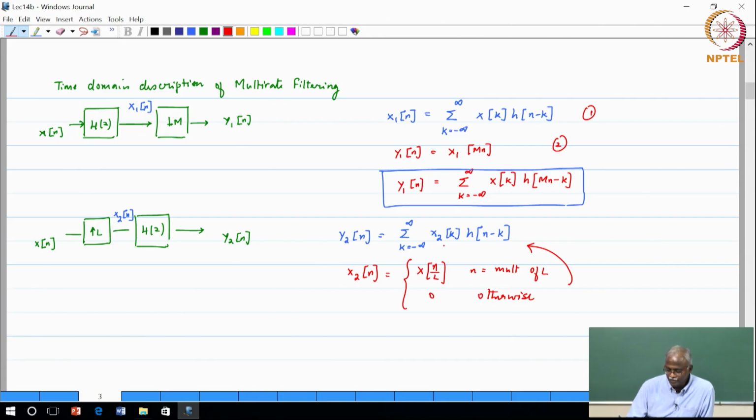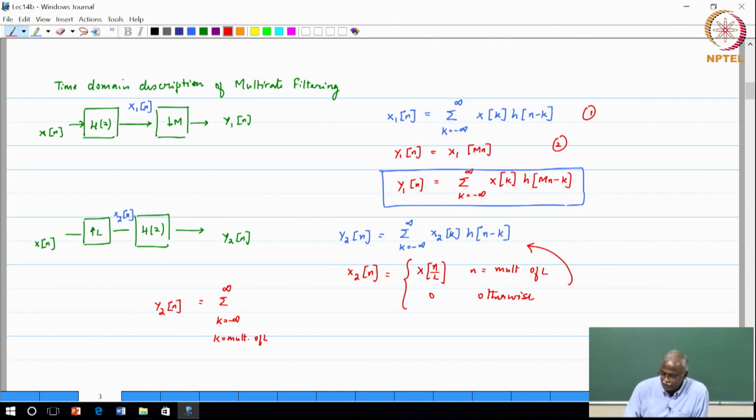So, basically what it says is that there are lots of 0 valued samples in x2 of n. So, this summation can be rewritten as y2 of n; of course k goes from minus infinity to infinity, but the only things of actual interest in the computation will be when k is a multiple of L. If you impose the additional constraint of multiple of L, you do not change anything, because you are only looking at those values of x2 that are non-zero.